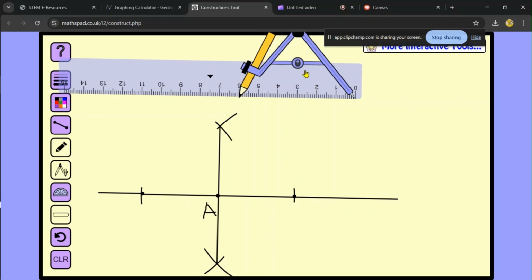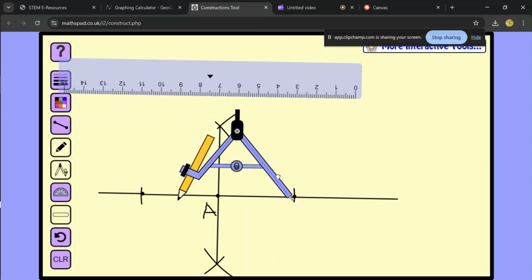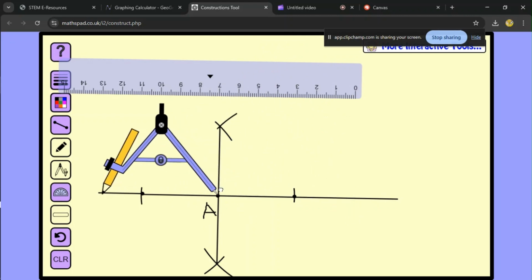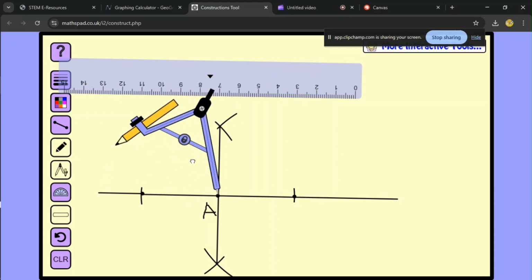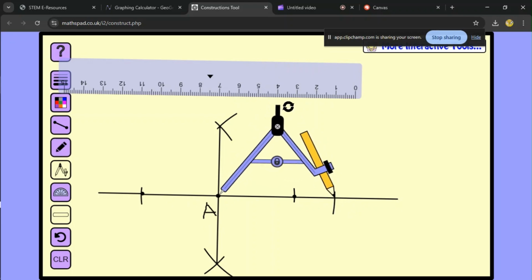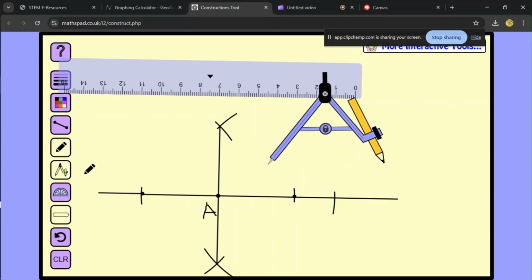So I pick my compass and I measure 6. I put a mark here. That is 6, and that is where my B is. We write here B.